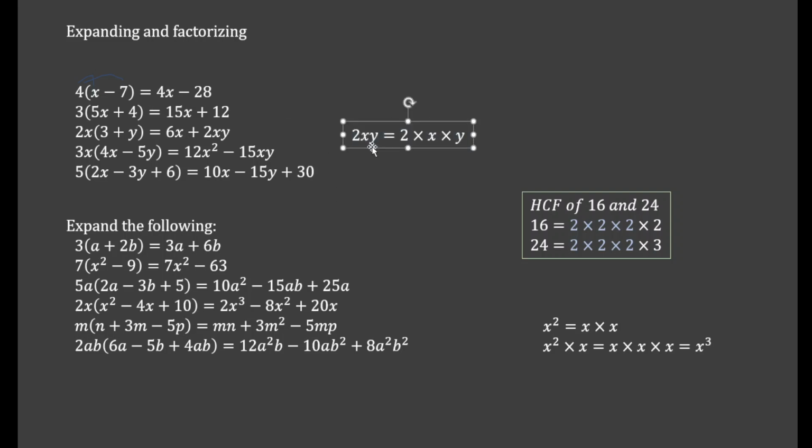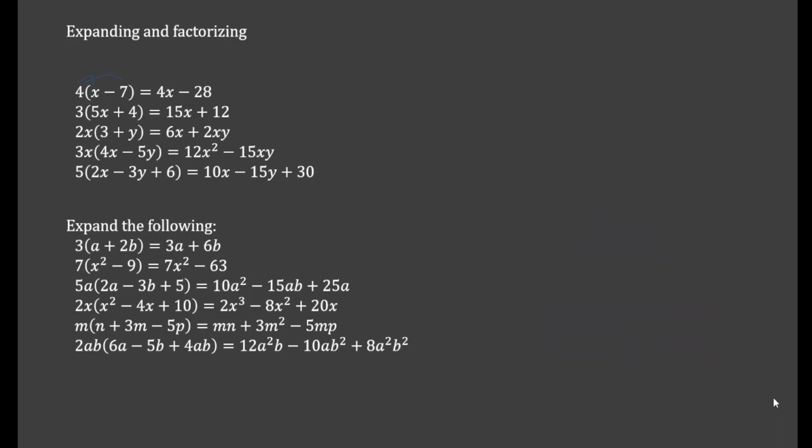I could remove this. So remember we had 4 times x minus 7 would give us 4x minus 28. Factorizing is starting off with 4x minus 28 and trying to find a common factor.